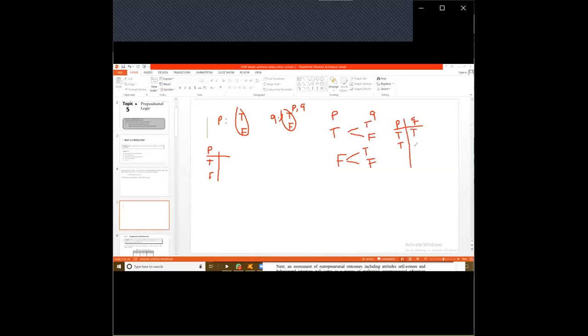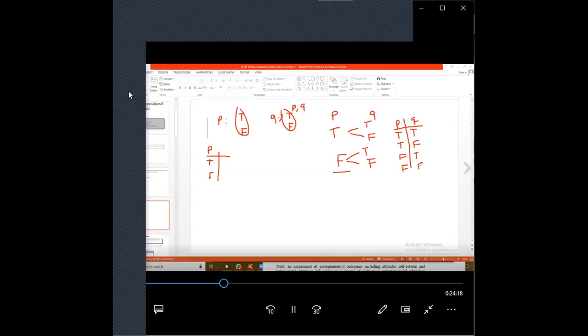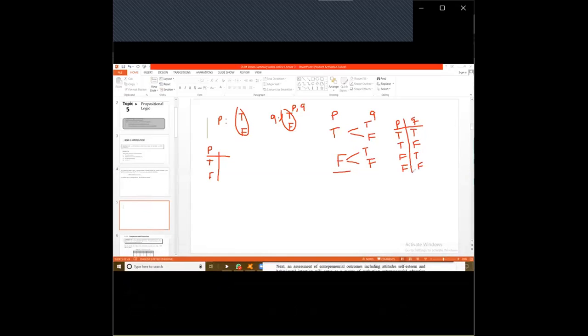So truth, false, then we come here also, that will be false, false, true, and then false, false. Very well. So this is for two statements.